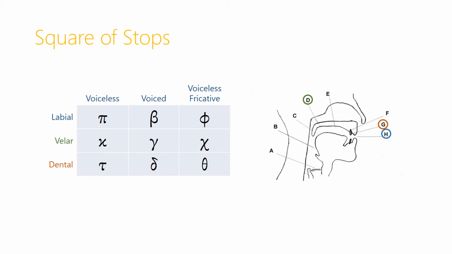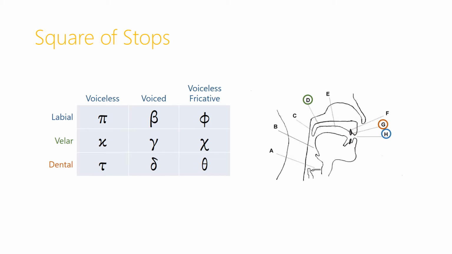Another piece of theory that's useful to have in mind when we're constructing first aorist verbs is what's called the square of stops. And this is a way of categorizing nine consonants that are called either labial, velar, or dental. And it's three sets of three, hence the idea of a square.